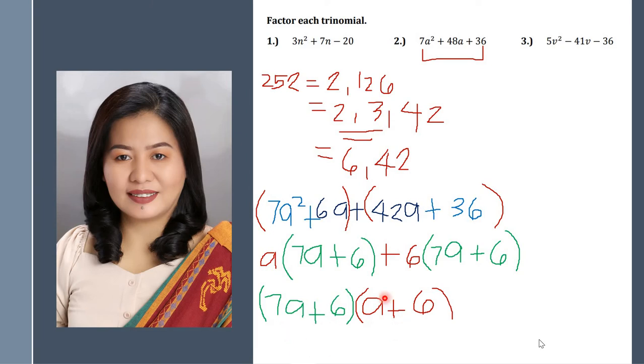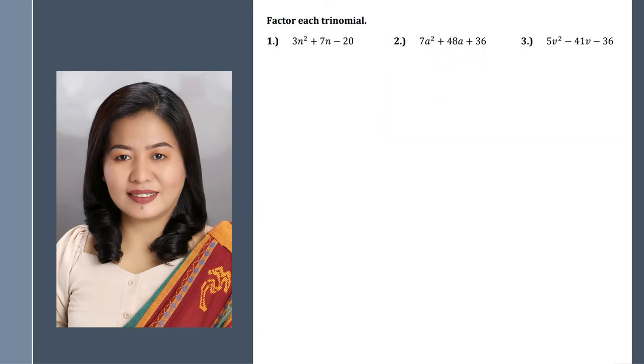Okay, moving on to the third number. So we multiply 5 and 36. So let's see what will be the product of 5 and 36. So that's 180. So you write in 180. So factors of 180 that give you a difference of 41.